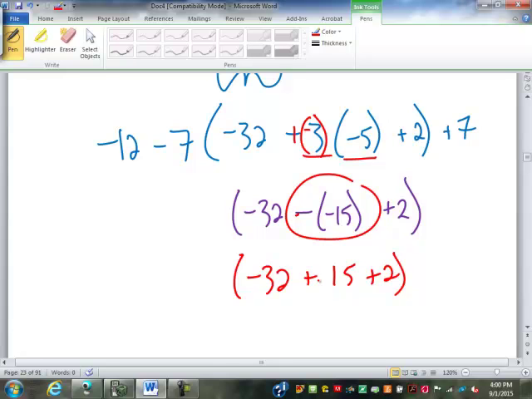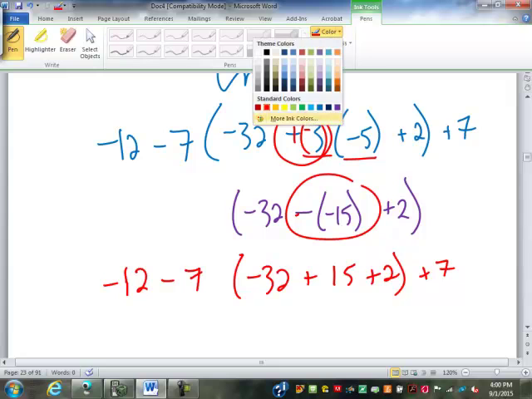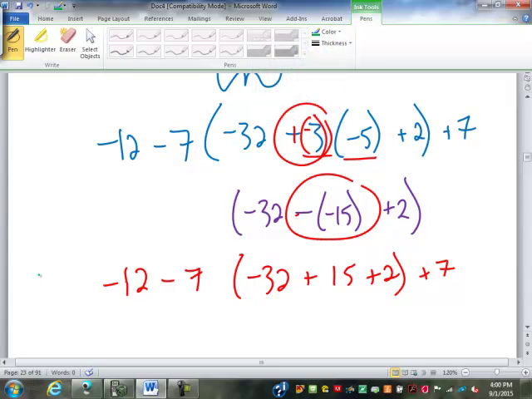We get to the exact same result either way. So when you ask me, do I think of that as being subtracting 3, and the 3 is multiplied by negative 5? Or do I think of that as being a negative 3 times a negative 5? Whichever way is simpler for you to think about it and work with it. I usually leave it as subtraction as long as I can, and then I change it later. But either way, we're going to end up at this stage at some point.